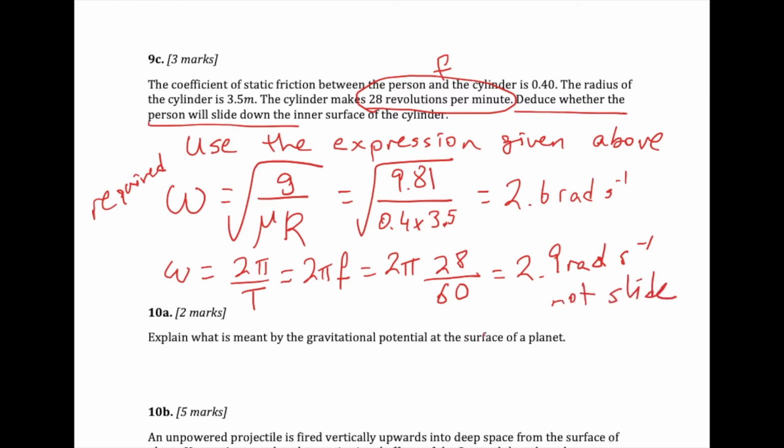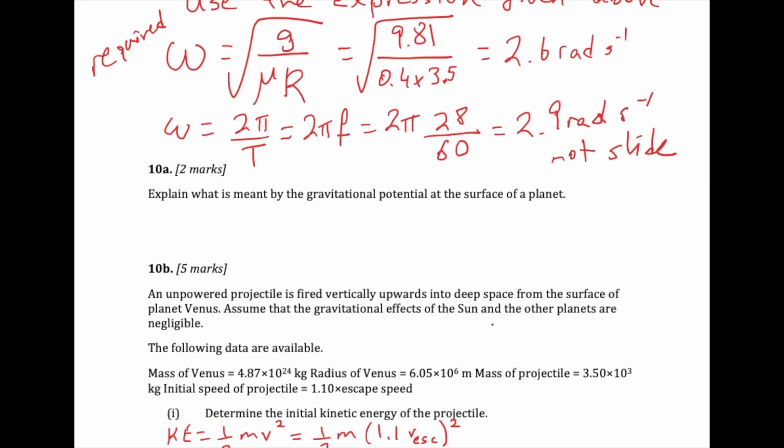Okay? 10a is a definition: what is meant by gravitational potential at the surface of a planet. The gravitational work done per unit mass to bring a small mass from infinity to the surface of a planet. So potential is potential energy divided by mass.